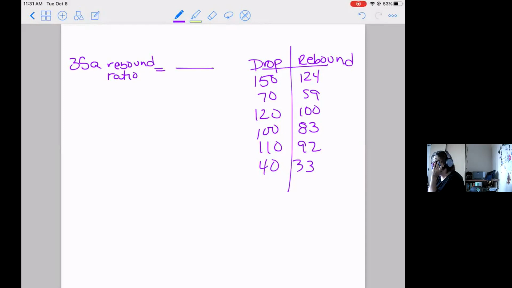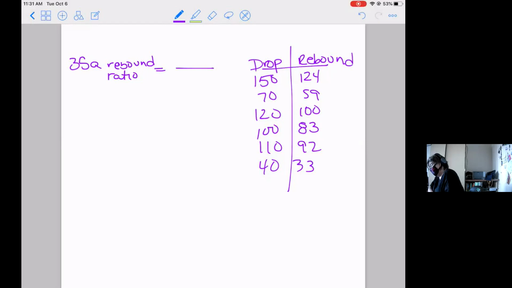Help me out, guys. Yeah, we just need to pick one pair of points and divide them. It's not the same ball. It's not the same heights.